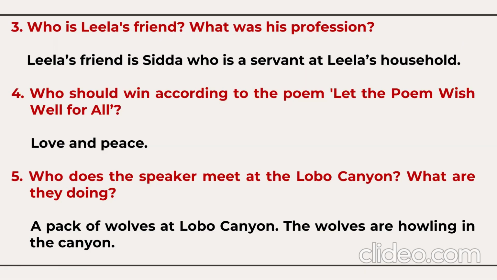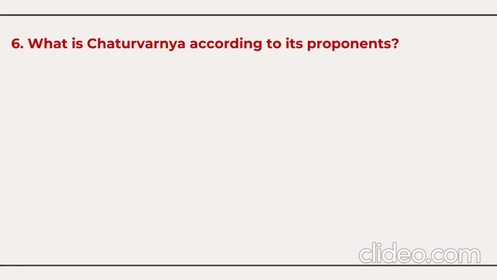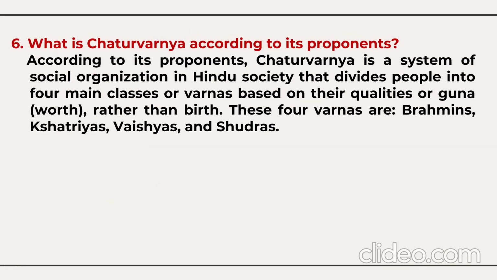Then the next question, what is Chaturvarnya according to its proponents? According to its proponents, Chaturvarnya is a system of social organization in Hindu society that divides people into 4 main classes or varnas based on their qualities or gunas rather than births. So these 4 varnas are Brahmins, Kshatriyas, Vaishyas, and Shudras.